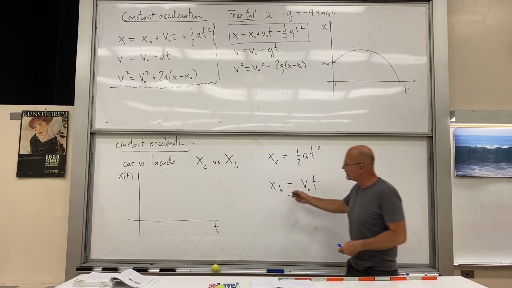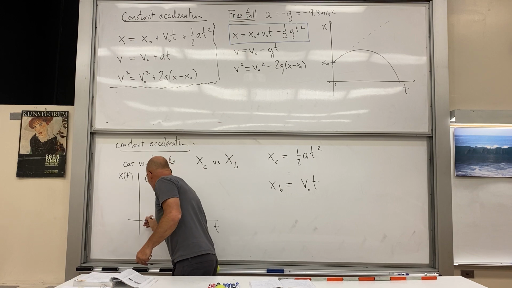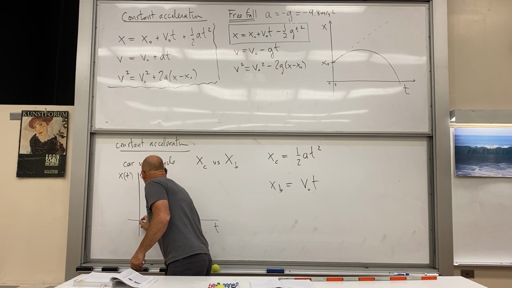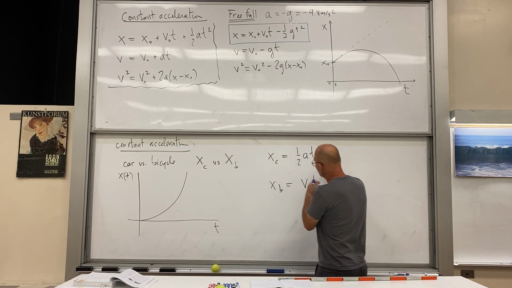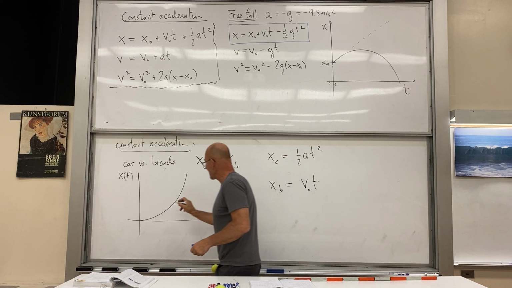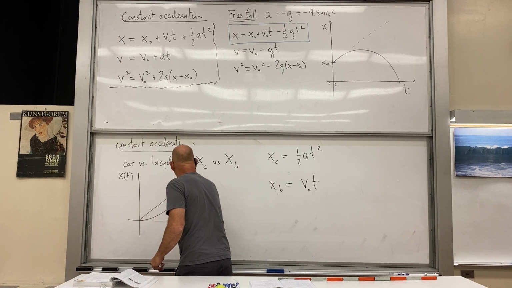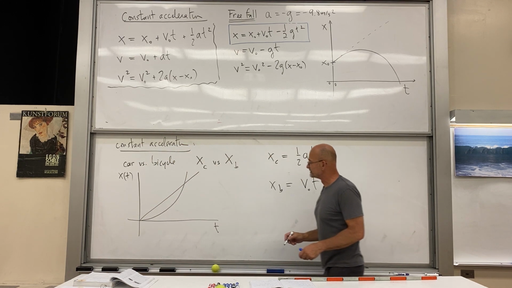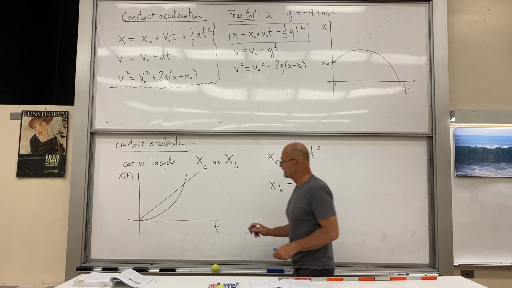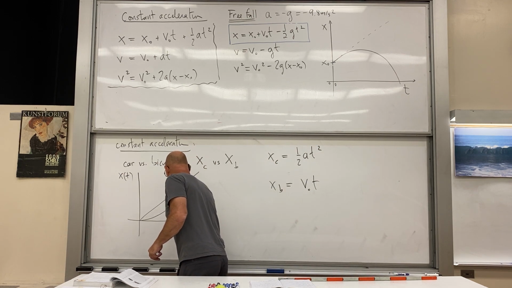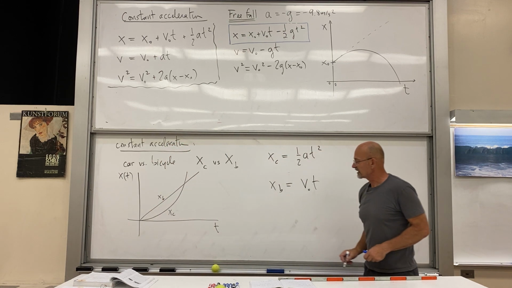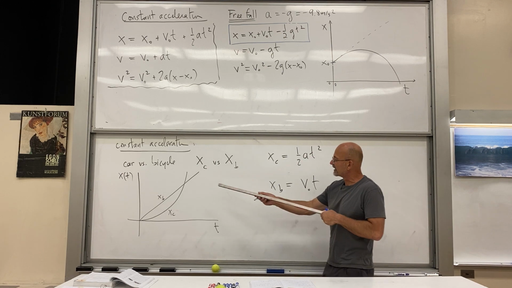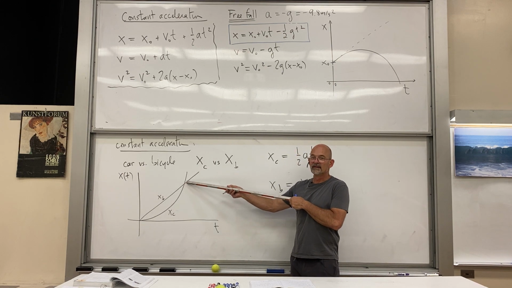So if we graph both of these, we'll see the car is a parabola, half at squared. The bicycle's a straight line. So this is x sub c and this is x sub b. So the question is, what is the significance of the crossing right here?